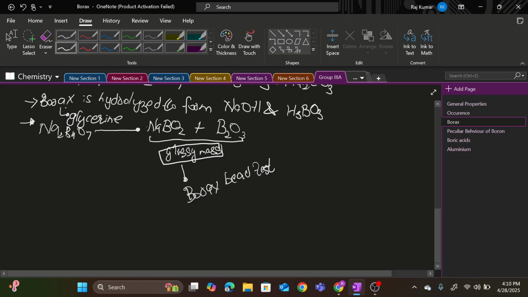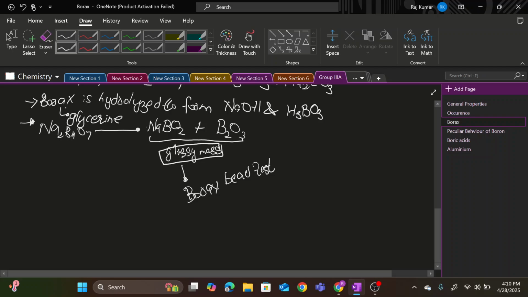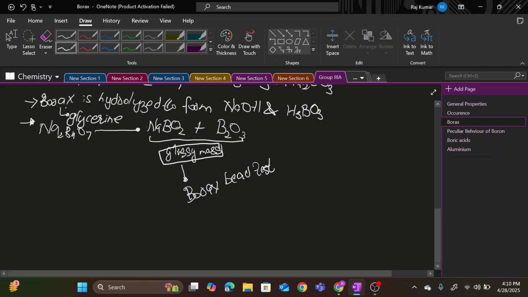The reaction creates a characteristic color of that particular metal, which is used to recognize the type of metal as well as the presence of metal in a metallic oxide. It is a qualitative experiment.